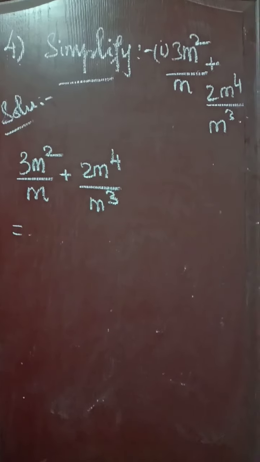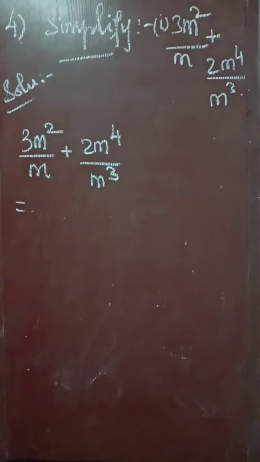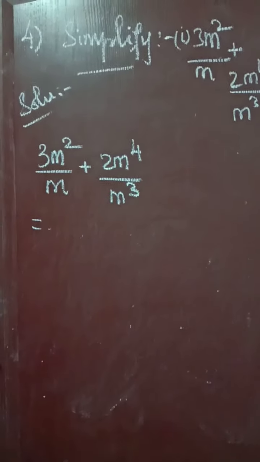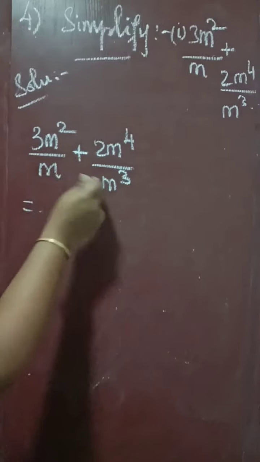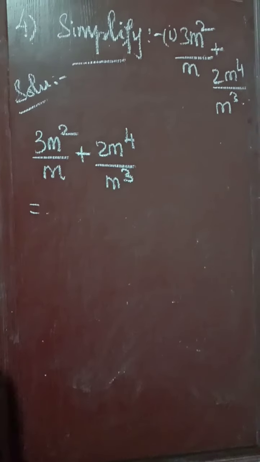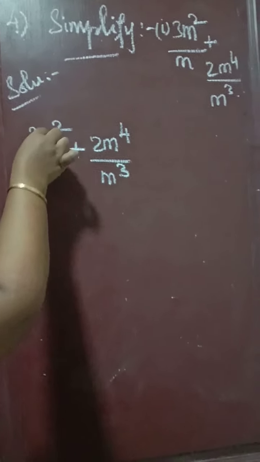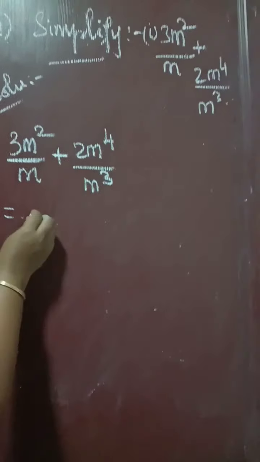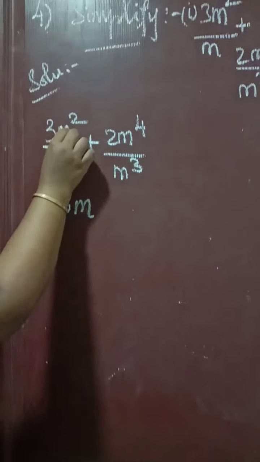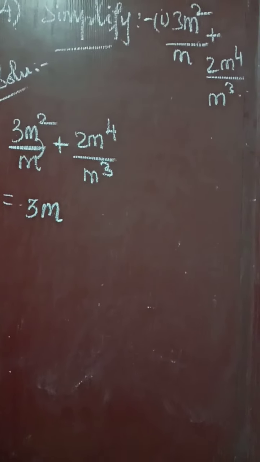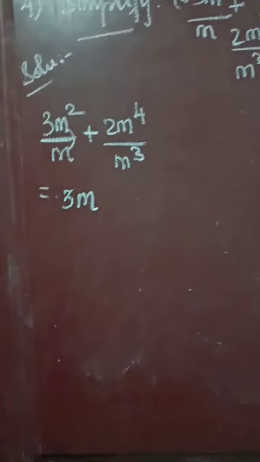Fourth sum, simplify 3m square divided by m plus 2m power 4 divided by m power 3. Listen, so here addition will come. There are 2 terms given. You have to simplify this sum. Listen, here divide 3m square divided by m. These two are the same base, so we subtract the power.